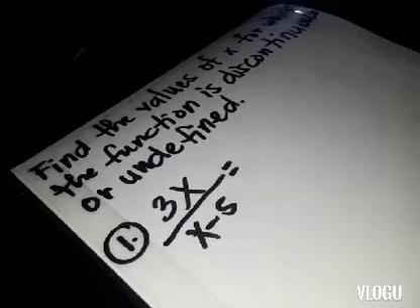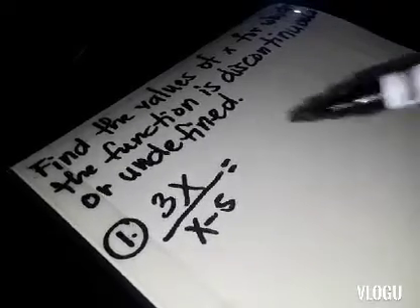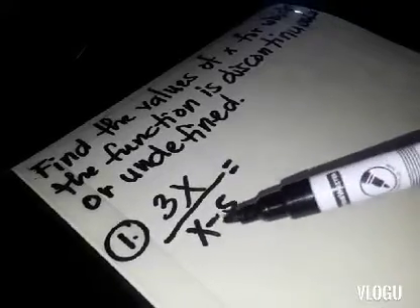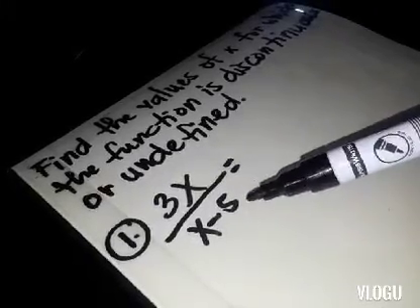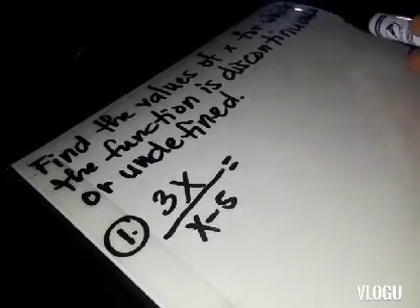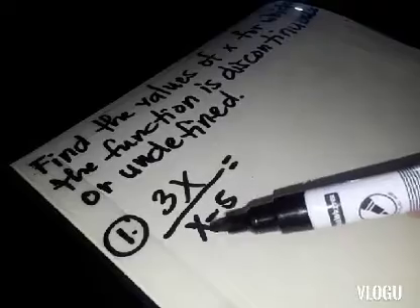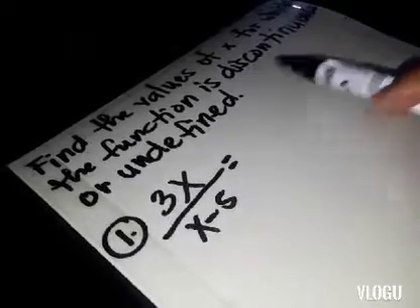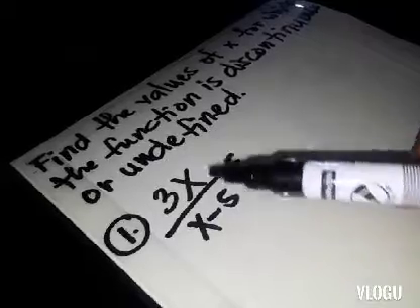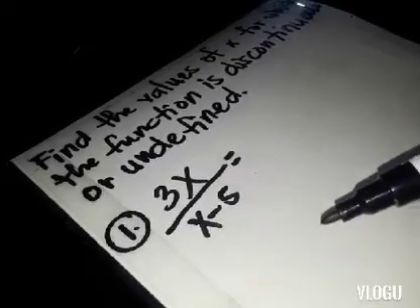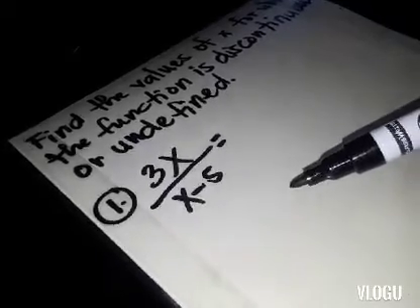Sa example natin sa number 1, 3x all over x minus 5. So, mag-focus lang po tayo sa denominator, kasi pag pinag-uusapan natin ay discontinuous or undefined, of course, yung nasa baba. Nagkakaroon lang tayo ng discontinuous or undefined kung ang denominator natin ay 0. So, yun ang hinahanap natin.